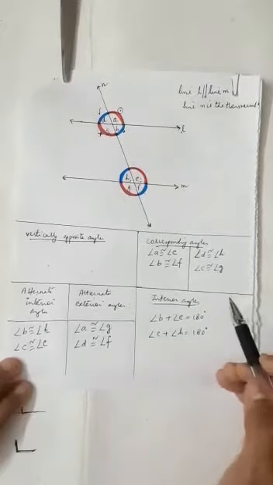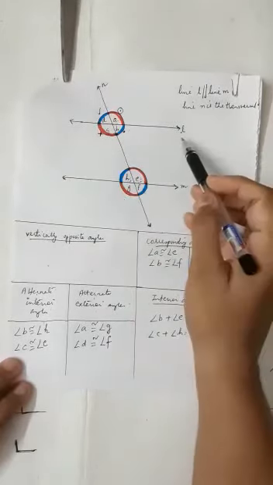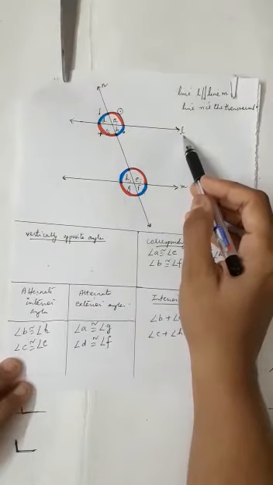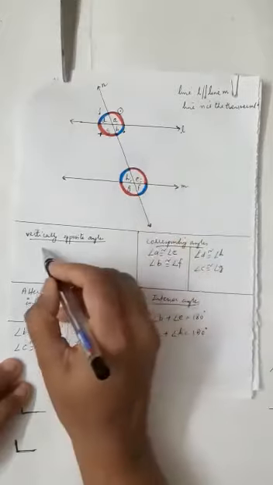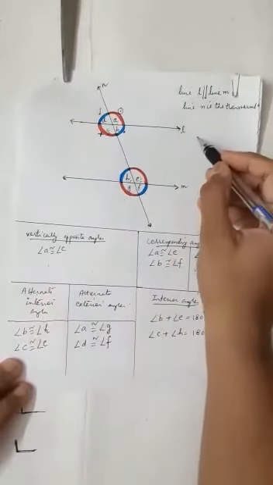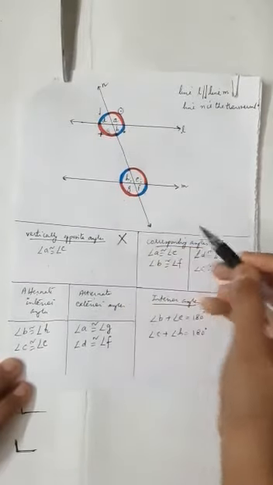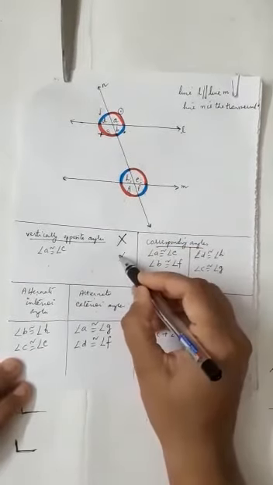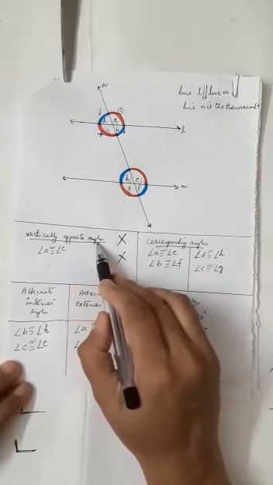Okay, children. Now what is left is vertically opposite angles. Very easy. Consider the first line L. The vertically opposite angles, the ones marked in red, angle A congruent to angle C. We see the formation of a cross, or the letter X, when we study vertically opposite angles.